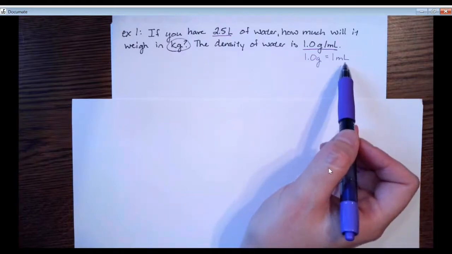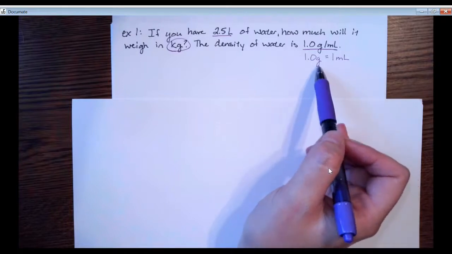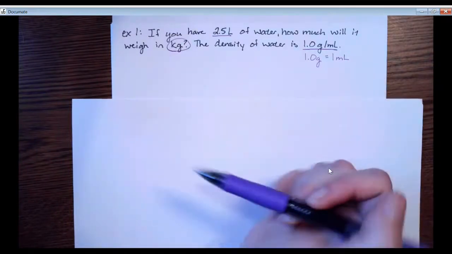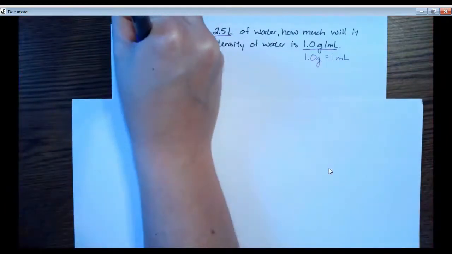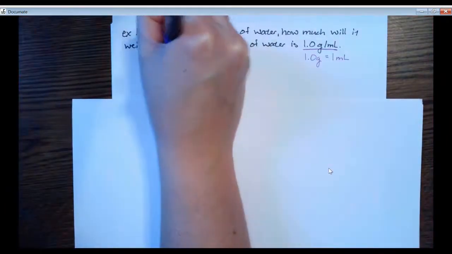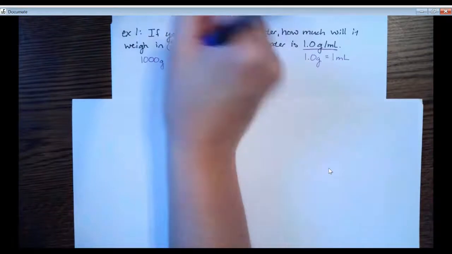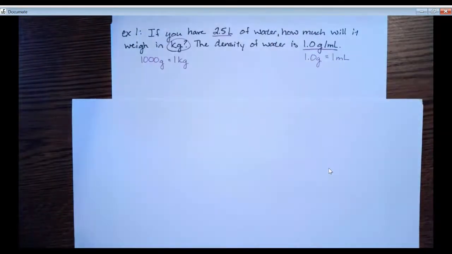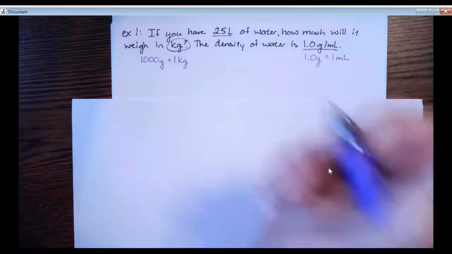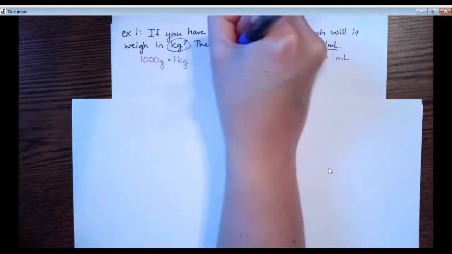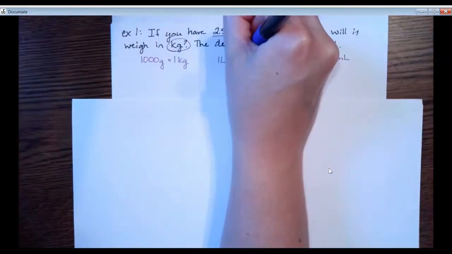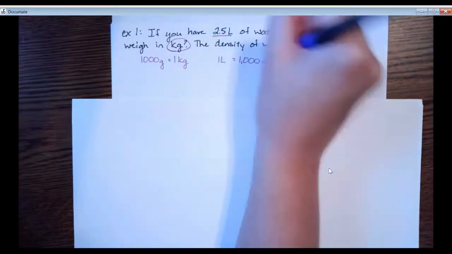So if I think about all the conversion factors I need, I'm going to need something to relate kilograms and grams. So I know that 1,000 grams is equal to 1 kilogram. And then I know I'm also going to need to relate liters and milliliters. So 1 liter is equal to 1,000 milliliters.